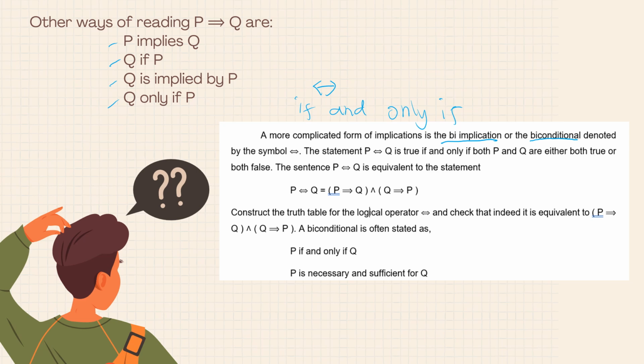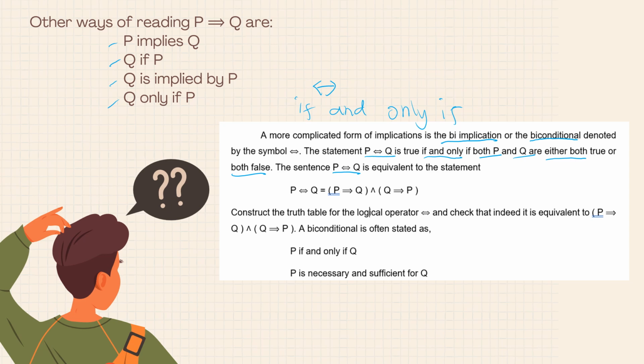So the statement P if and only if Q is true if and only if P and Q are either both true or both false. So the statement P if and only if Q is equivalent to if P then Q and if Q then P.